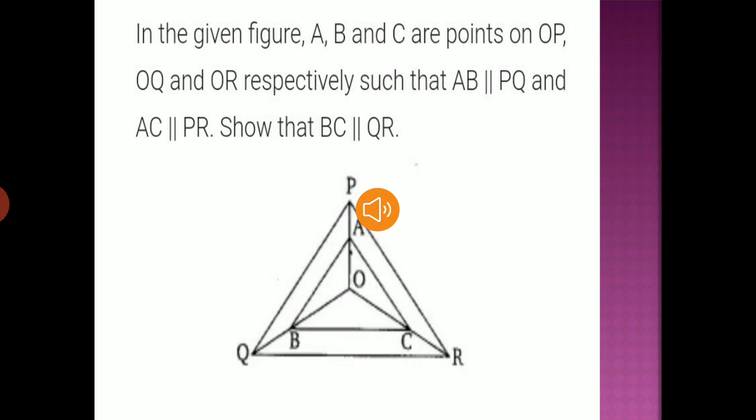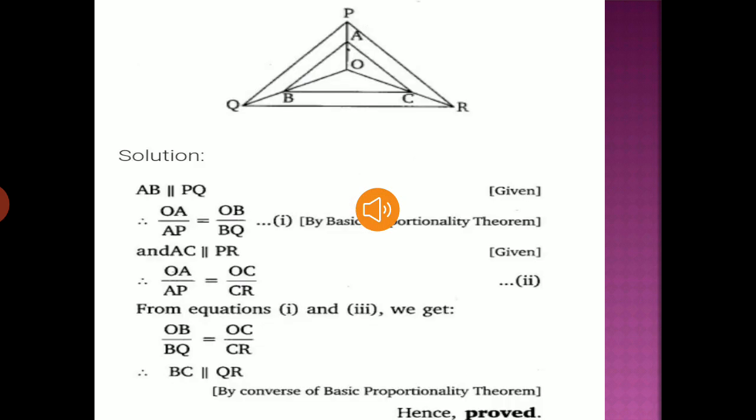Next question. In a given figure, A, B, C are the points on OP, OQ and OR respectively, and AB is parallel to PQ, AC is parallel to PR. To show that BC is parallel to QR. The solution for this is also based on the converse of the basic proportionality theorem.